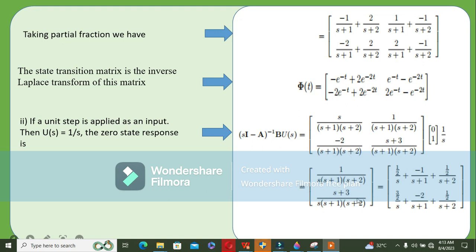To convert to time domain, remember that what you're supposed to do is the partial fraction, so that you can split this component. So we do the partial fraction, and this is what the partial fraction will give to us. Having obtained this partial fraction, from this point you can go straight and look for the inverse Laplace transform.